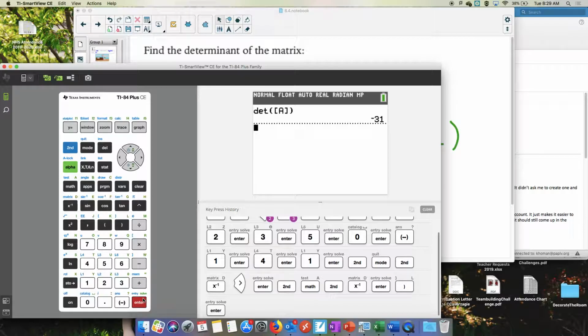And hopefully you get the same answer that we got by hand. So in your homework tonight, my suggestion would be, when you take a 3 by 3, do it by hand, and check it in your calculator. You get the practice of punching it in.